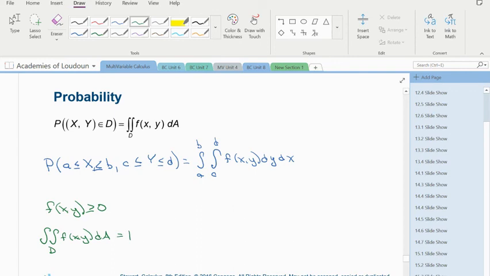The double integral over 2-space is going to be an improper integral from negative infinity to positive infinity and negative infinity to positive infinity of our probability density function, and we know that it must equal 1.